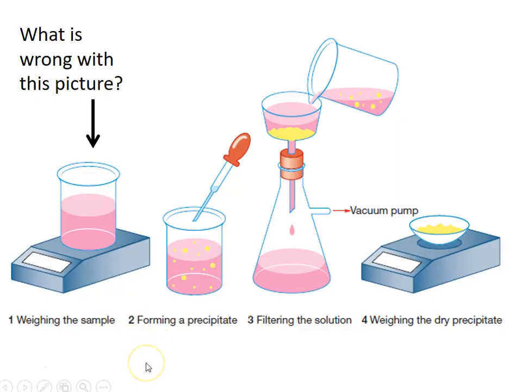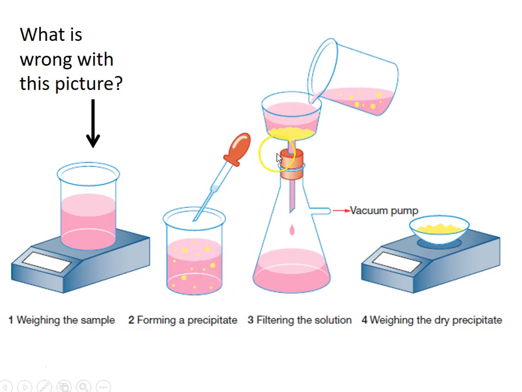Alright, so this is a picture showing the kind of steps that we're talking about. It's missing quite a few of the steps, so this is in your book. First of all, we're weighing our sample of peanut butter. Does that look like peanut butter? No. It's totally missed out the fact that you filter out all the chunky bits and dissolve it in water, and then we add our silver nitrate to form silver chloride.